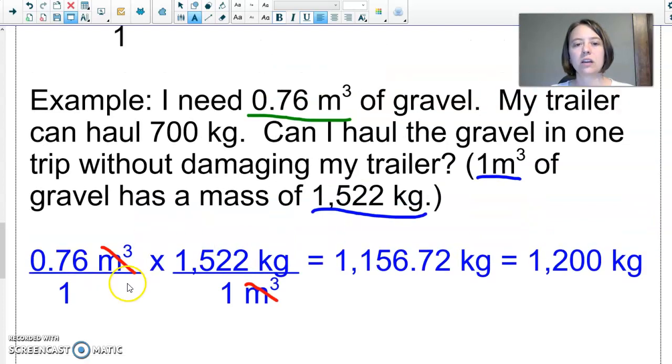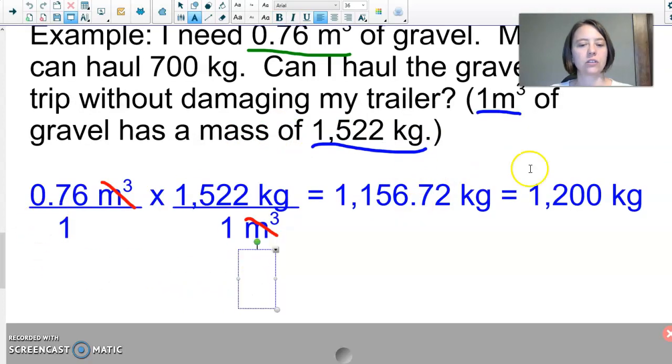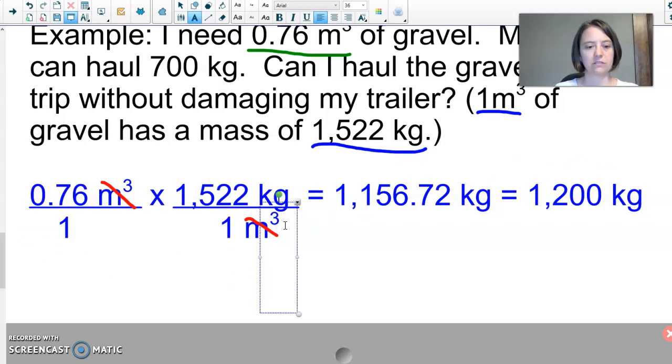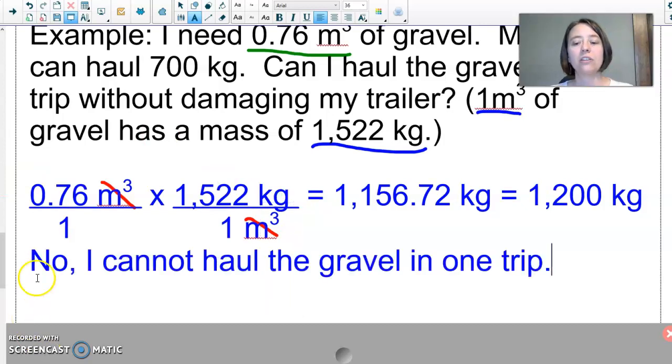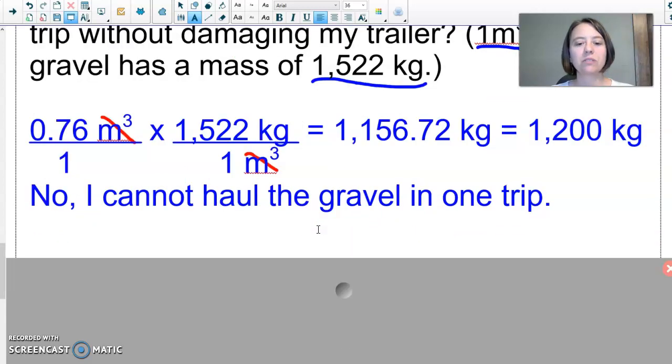So a cubic meter of gravel has a mass of 1,200 kilograms. So did I answer the question? Not yet. Can I haul the gravel in one trip without damaging my trailer? And the answer is no. So no, I cannot haul the gravel in one trip. And do make sure you're following along and writing down the problems.